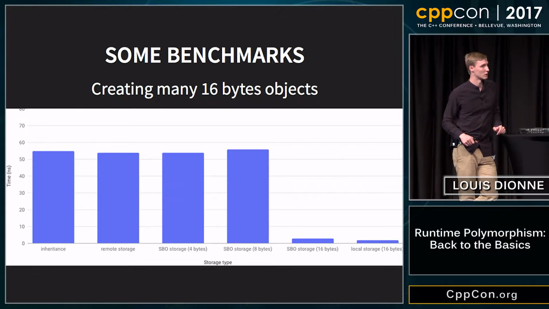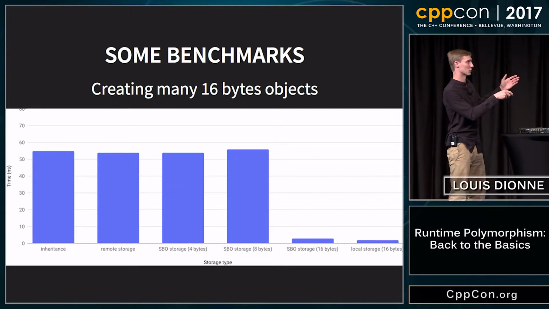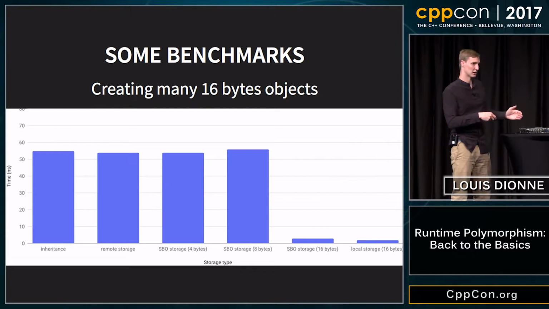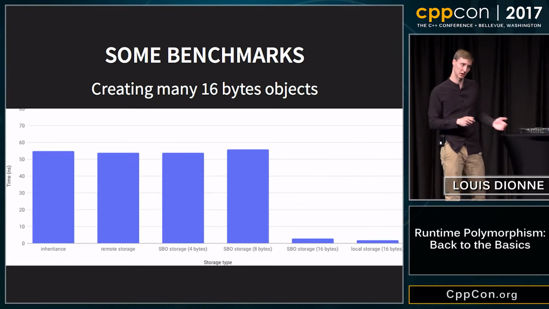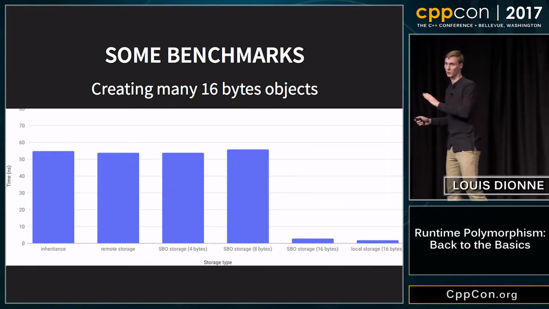There's only one class here. I'm just creating an aligned storage of 16 bytes that I'm erasing in my object. So it's really naive. The only thing I want to show here is that you need to pay for an allocation. This is not an exact number or whatever, but surely allocating is going to be a little more costly than not allocating, right? And that's what this benchmark shows. This is how coarse I want our conclusions to be.